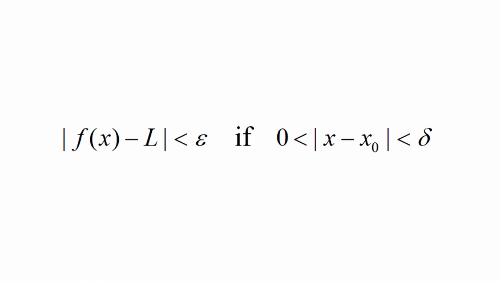To find delta > 0, we now describe an algorithm. Let epsilon > 0 be given. The process of finding a delta > 0 such that |f(x) - L| < epsilon if 0 < |x - x0| < delta can be accomplished in 2 steps.